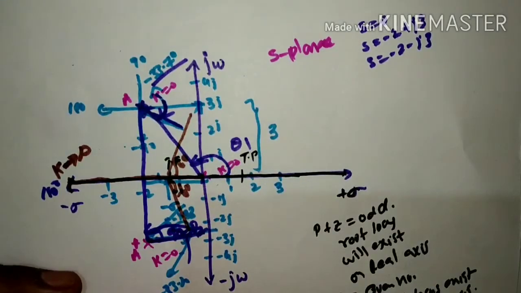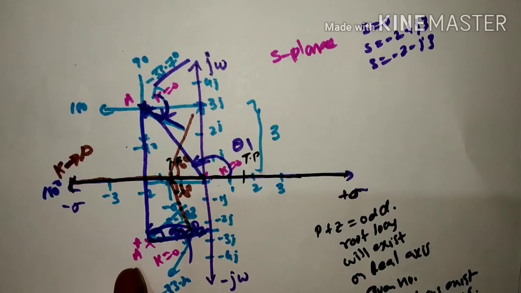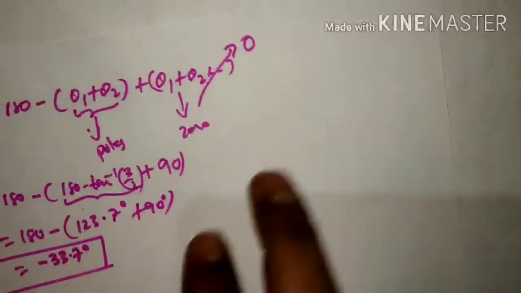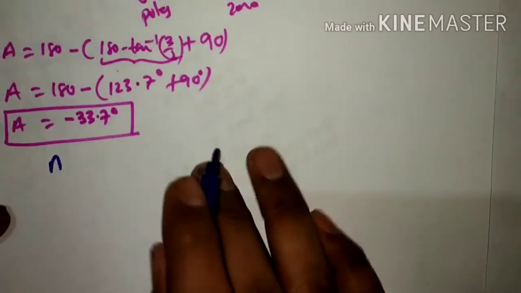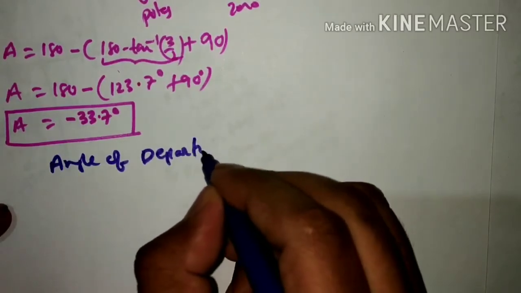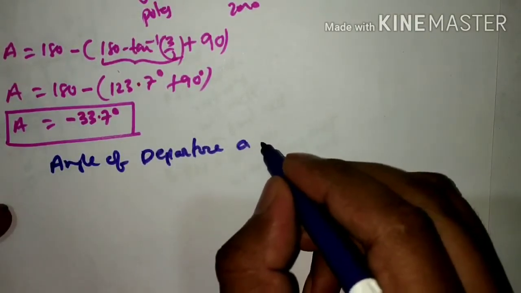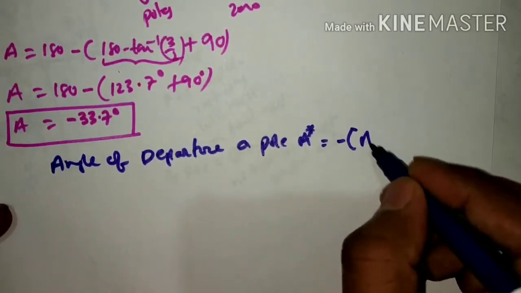Now we have to find the angle of departure at pole A, and another formula for the angle of departure at A dash. You just have to put the minus, that's all. So here the angle of departure at pole A dash is equal to minus, the formula is here like this.